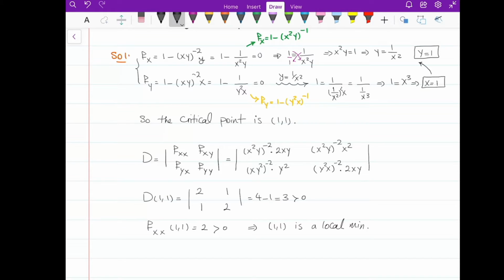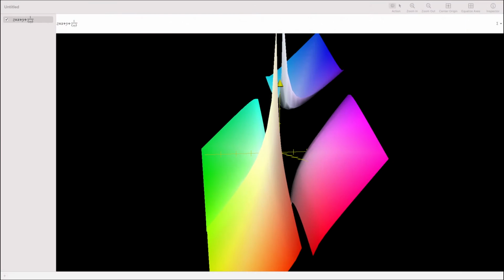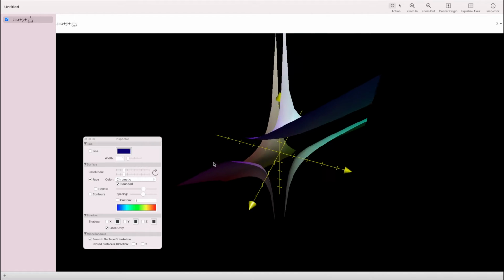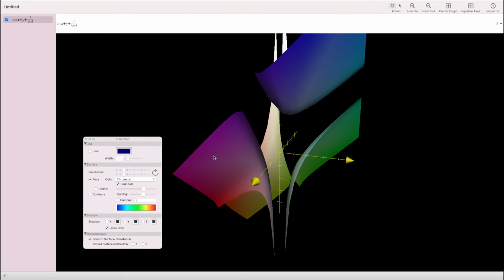Okay, let's look at the graph of the function. This is the function z equals x plus y plus 1 over xy. This is the graph of the function, and the part that we are looking for would be in the first octant, just because we are looking at where x is positive and y is positive.